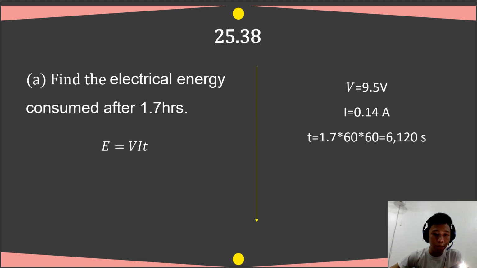As usual, we're going to list first the given values: 9.5 volts, and the current is 0.14 amperes, and the time, after you convert it, becomes 6,120 seconds. And the formula for the electrical energy consumed is energy equals voltage times current times time.